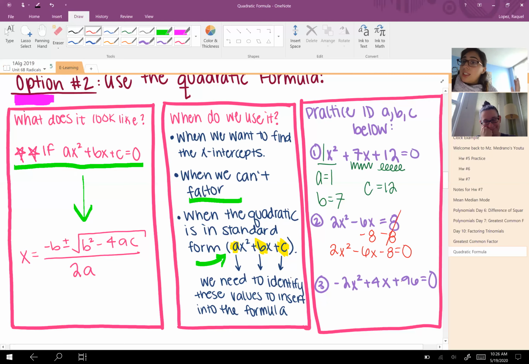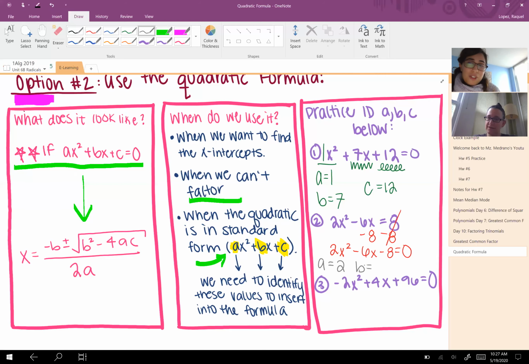Okay, let's go through our checklist again. Degree of 2, check. Equation set equal to 0, check. Now I can identify a, b, and c. Okay, so a is always attached to your x squared term. So Miss Gilroy, what's my a? 1. What's my b? 6. Are you sure? Well, that's the thing that's with the x, right?